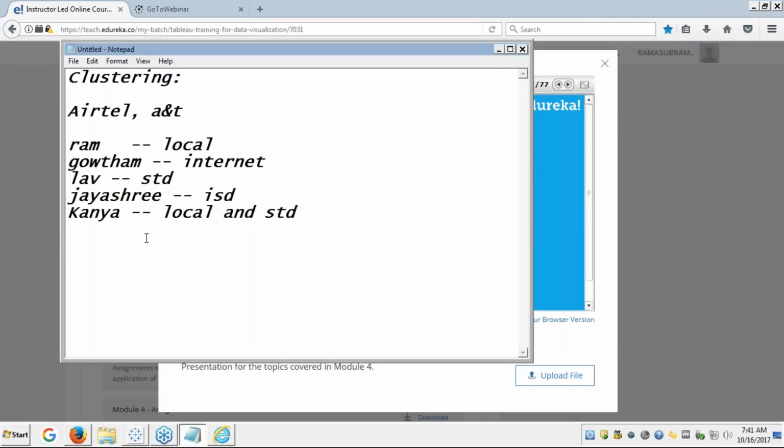So how are they able to categorize the customers into various groups? Basically they check my usage for the last two to three years, and they see that I am the person who has mostly done local calls. So they will send me promotions relevant for local calls.